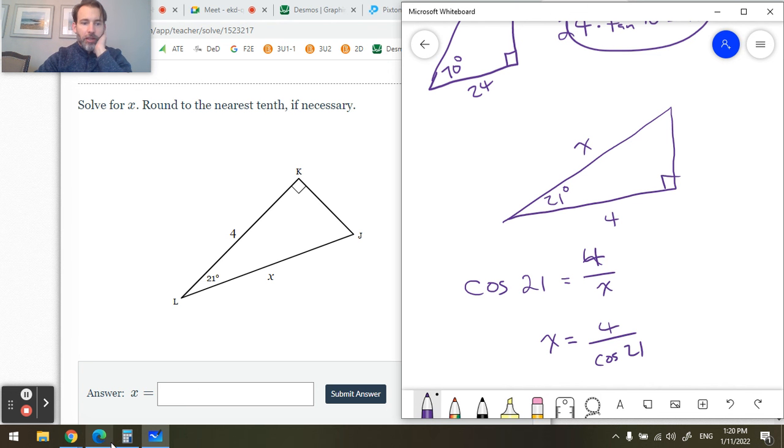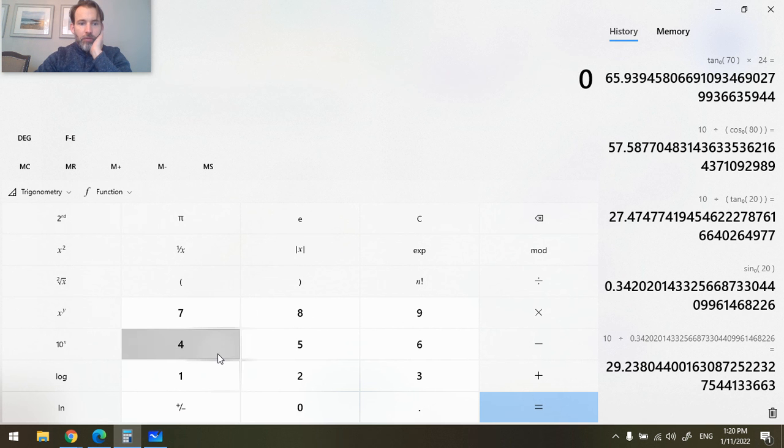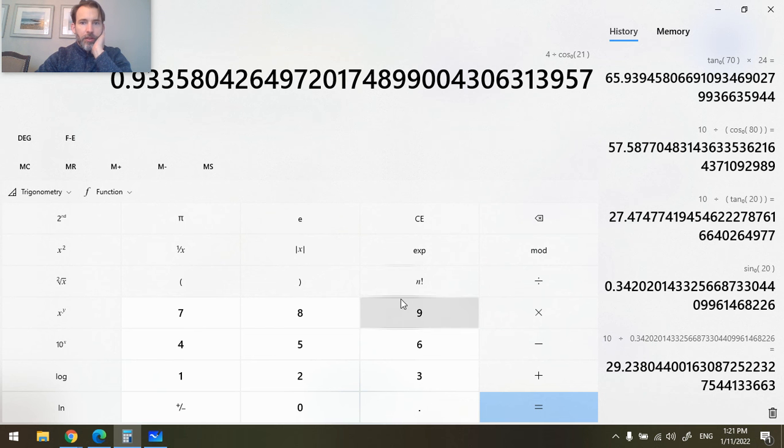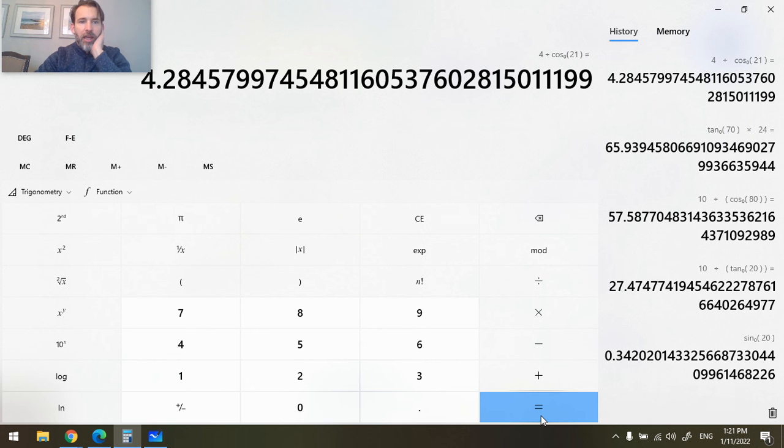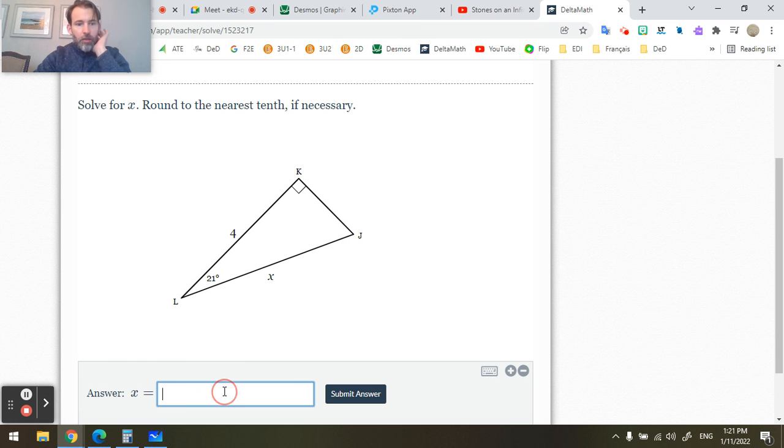Do that on the calculator. Clear. 4 divided by cosine of 21. Cosine of 21 is 0.9, and 4 divided by that equals 4.28. So 4.3.